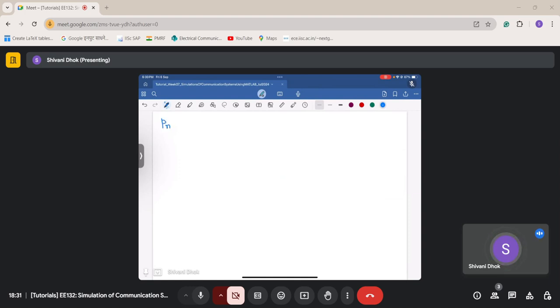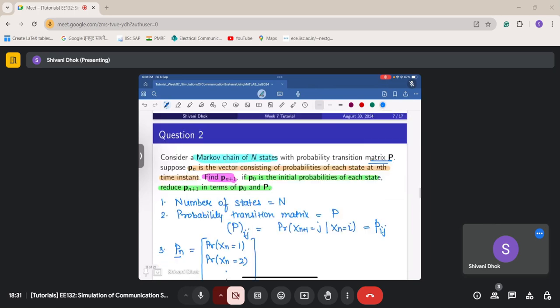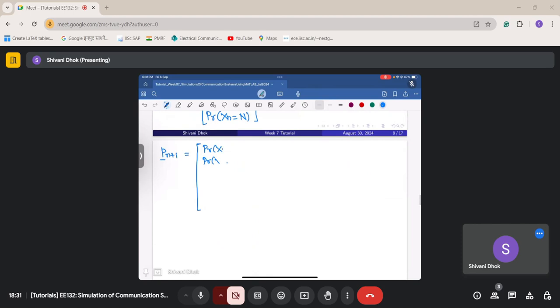This Pn plus 1 vector is a vector that has probability that xn plus 1 is equal to 1, probability that xn plus 1 equal to 2, and so on till probability that xn plus 1 equal to n.